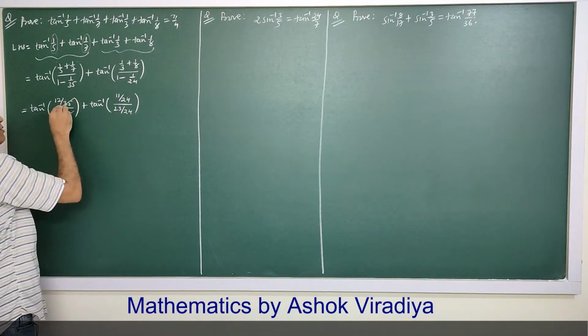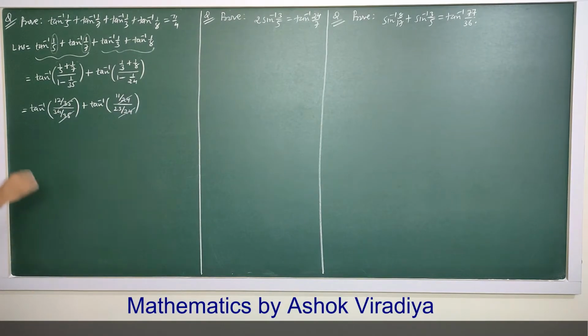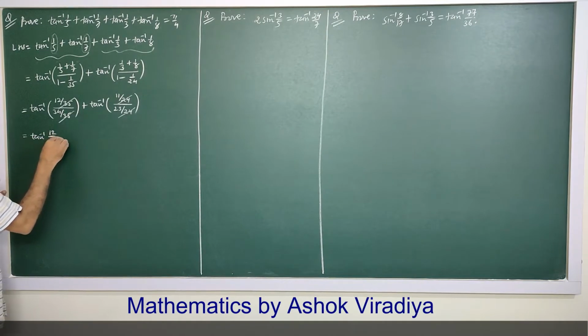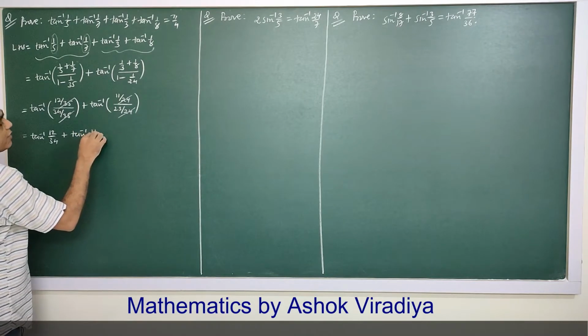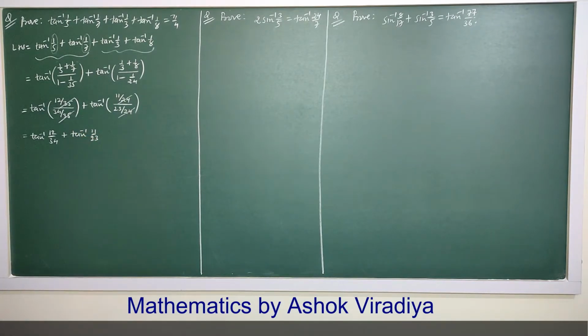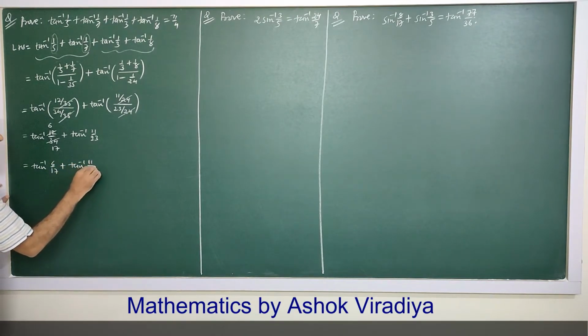So 35, 35, 24, 24 cancel. This is equal to tan inverse 12 by 34 plus tan inverse 11 by 23. Here tan inverse 12 by 34, this is 6 into 2, 17 into 2. So tan inverse 6 by 17 plus tan inverse 11 by 23.